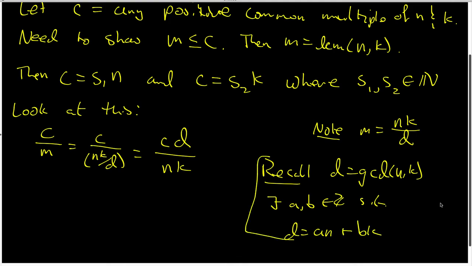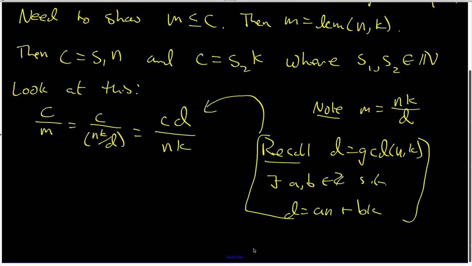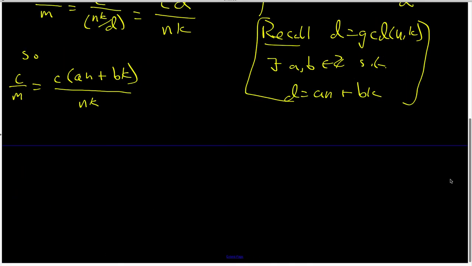And I am going to substitute this in for d. And when I do, here's what we get. We have c divided by m is now going to be c times (an plus bk) divided by nk. And I can do algebra on this, so let's continue doing algebra.